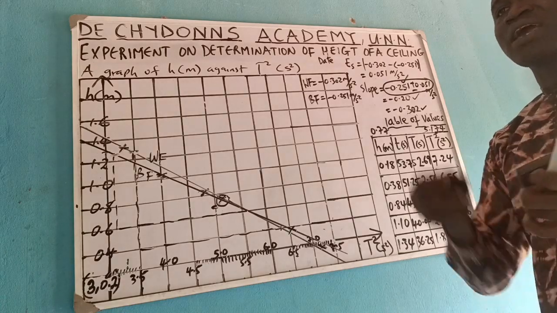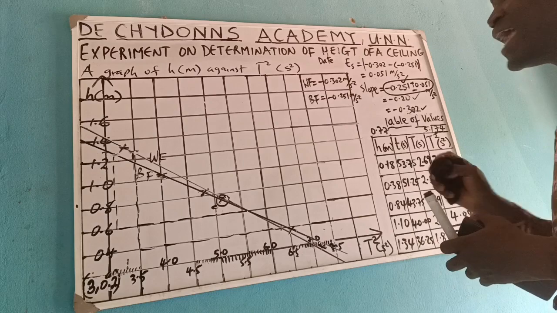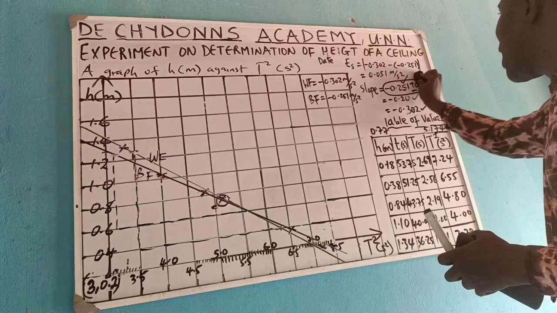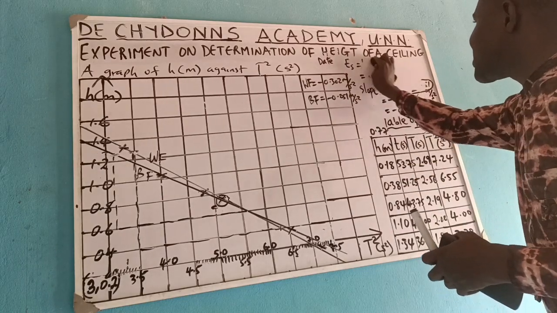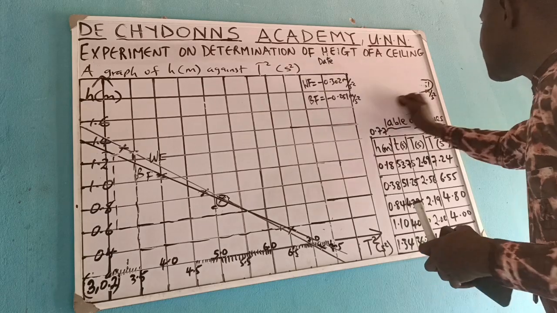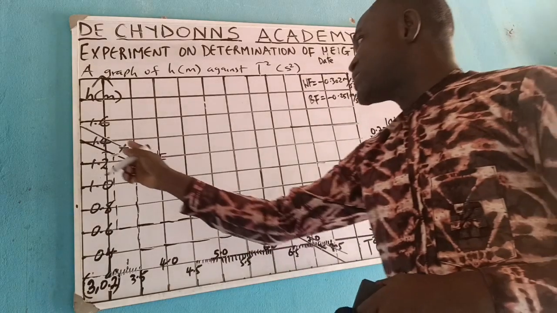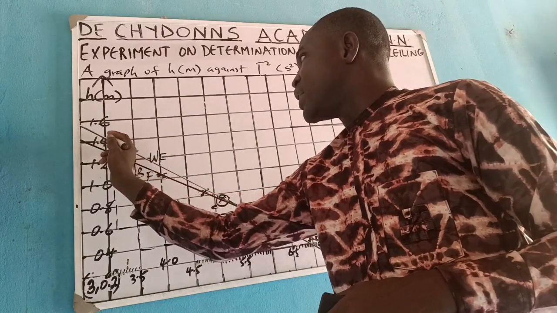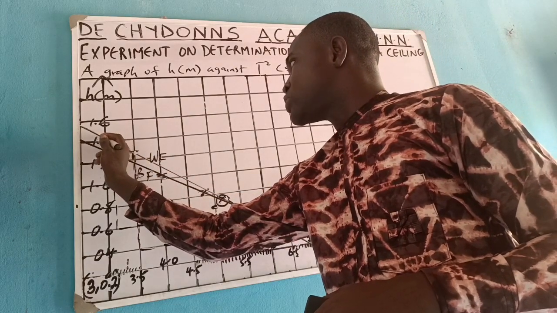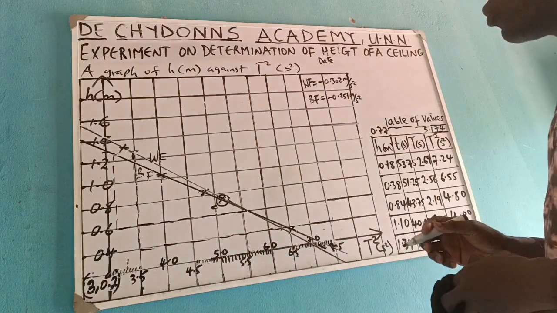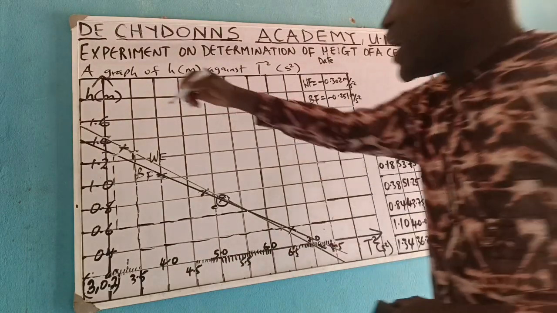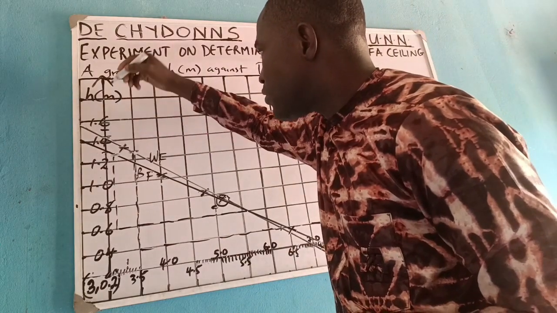The next question says, find the intercept and error in intercept. Going for the intercept, we said that our intercept of the worst fit is about 1.5, right?